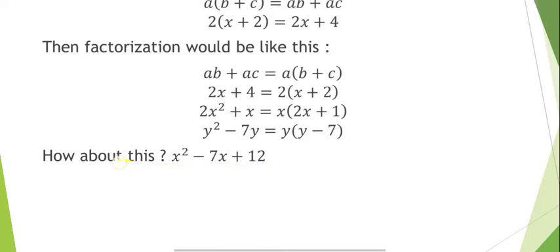You cannot pull out x anymore because 12 does not have x. If you want to pull out x, all of the elements in the expression need to have the same thing, which is the x. So what to do with this 12? We need to do another method.